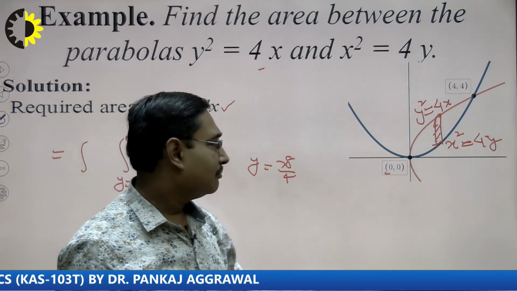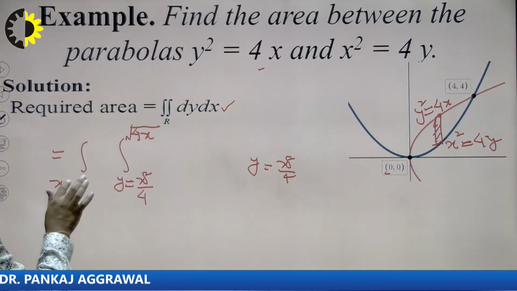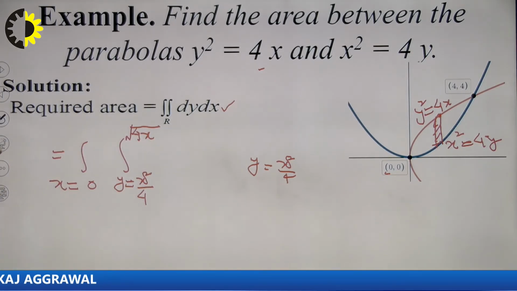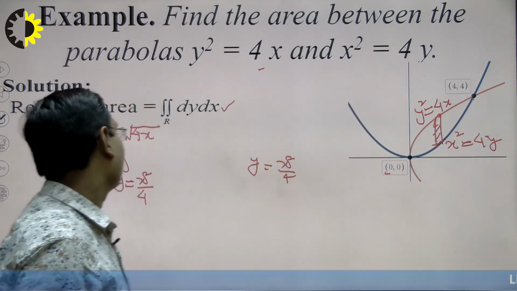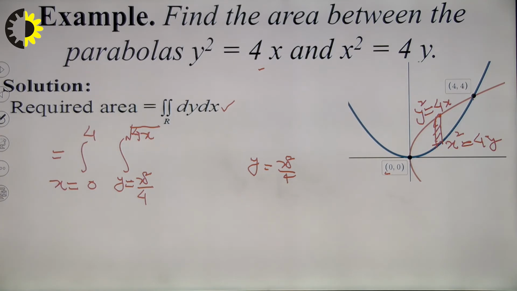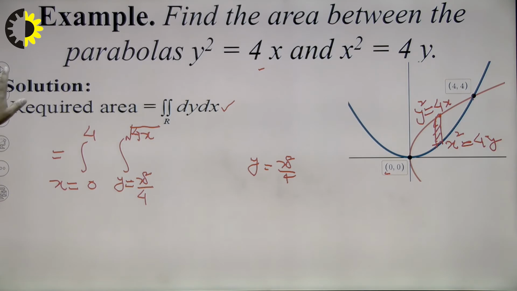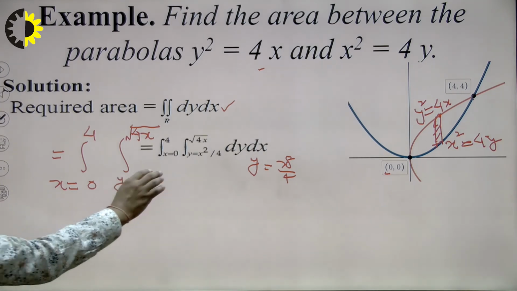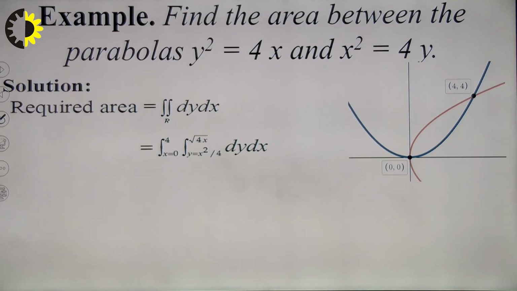The first extreme point has x equal to 0. So lower limit of x will be 0. The last extreme point has x equal to 4. So it will be upper limit of x, and applying these limits, the integral can be evaluated. These limits are placed here in a more beautiful way.